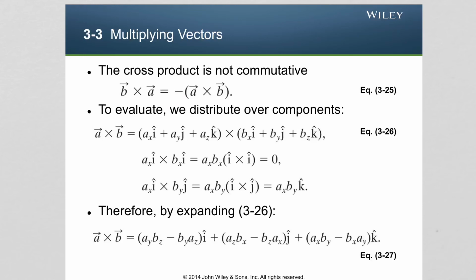Now let's discuss the cross multiplication of two vectors when done by components in unit vector representation. First, I will discuss the cross product of unit vectors, because that is important to achieve the final result of the cross product of any two vectors.